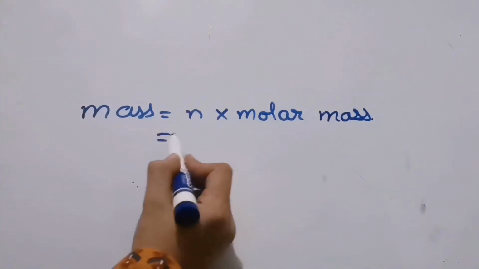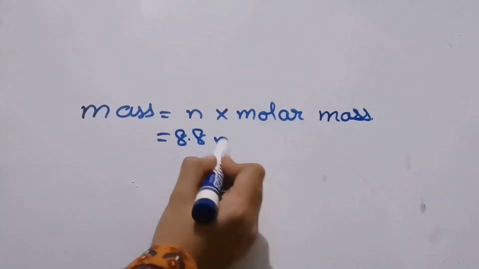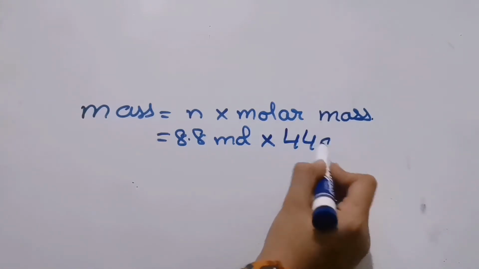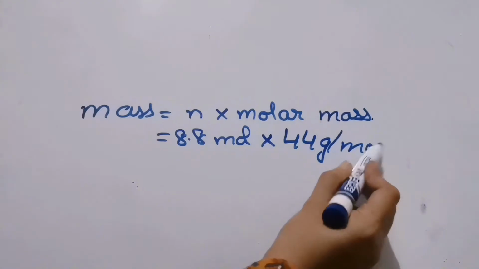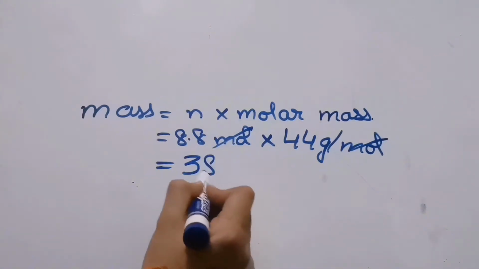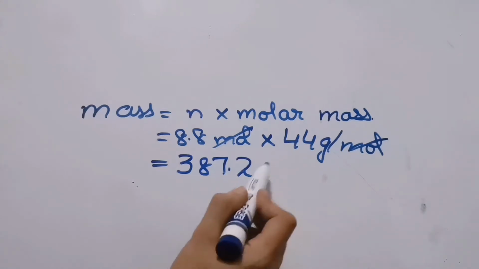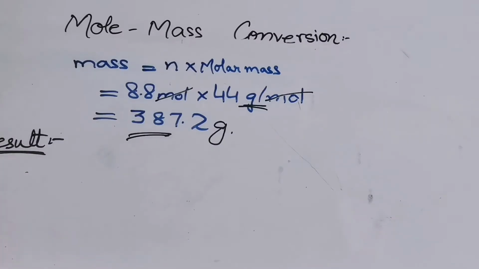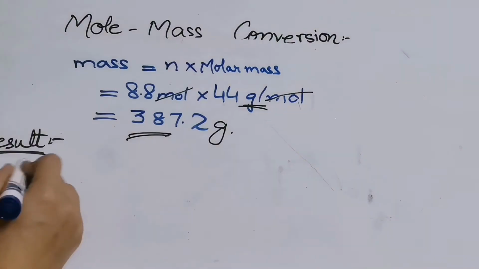Number of moles was 8.8 mole multiplied by molar mass, which is 44 gram per mole. Mole and mole cancel each other and we get 387.2 gram.